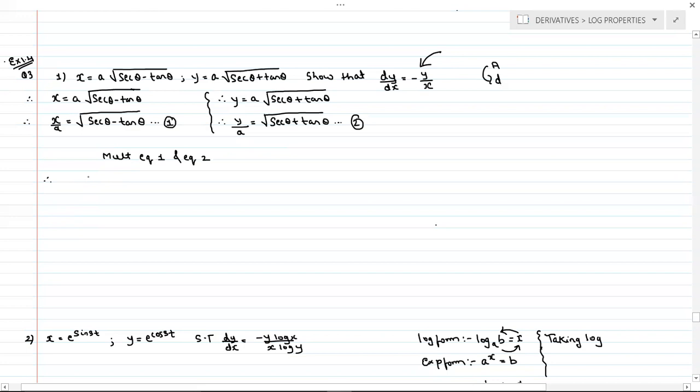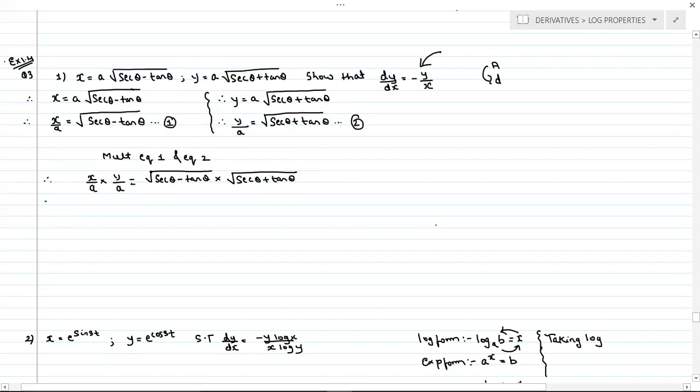We multiply the left hand side, and equal to the right hand side, here we have square root of sec theta minus tan theta into square root of sec theta plus tan theta.